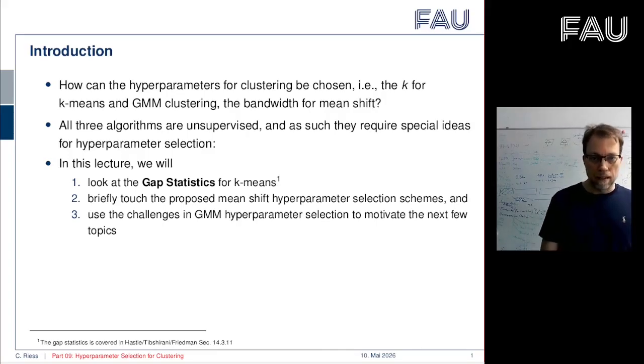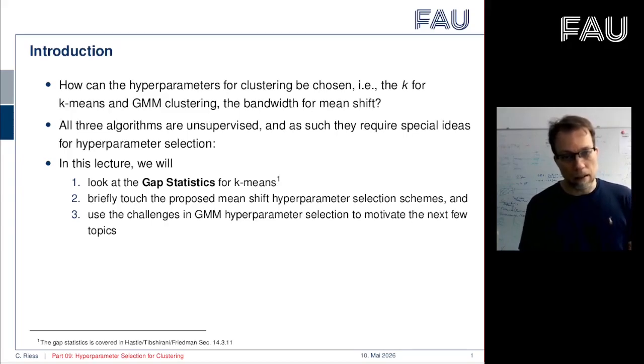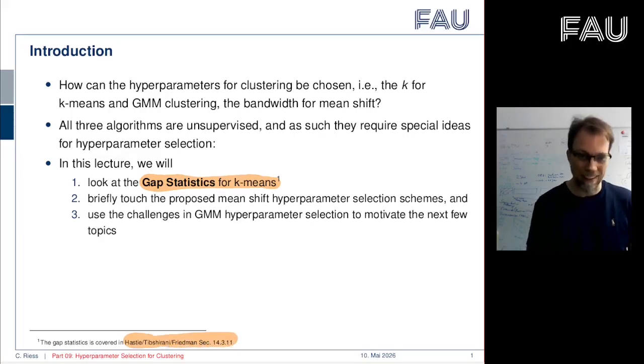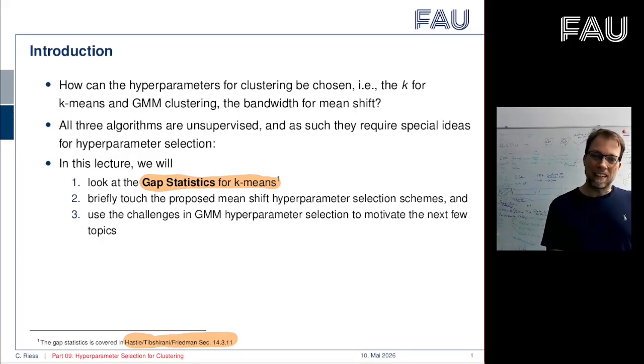And in this lecture, we will particularly look at the gap statistics as a particular method for k-means. The reference for that is the book by Hastie, Tibshirani, and Friedman, section 14.3.11. Then I'm going to briefly touch the hyperparameter selection for mean shift.